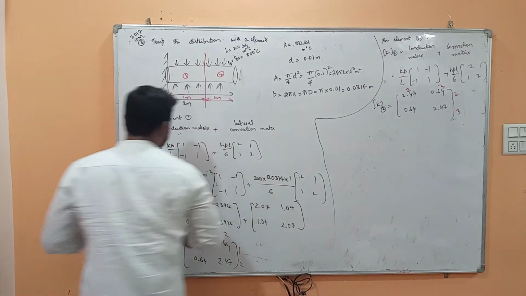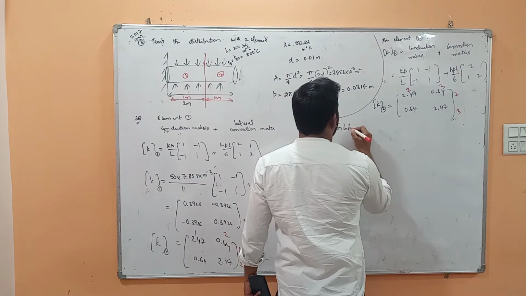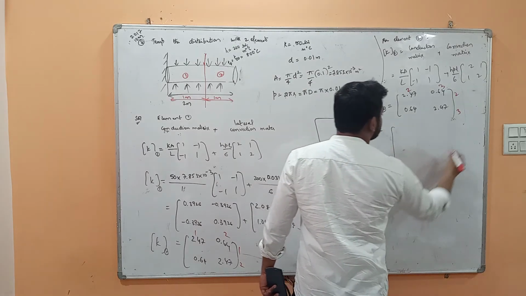Okay, so we got K1 and K2. Now we can find out global K. So it's going to have 3 rows and 3 columns.